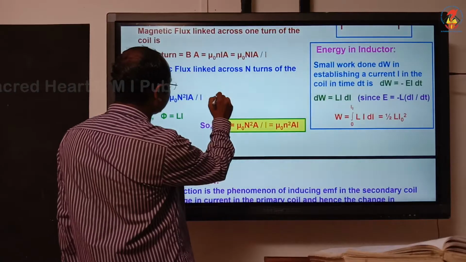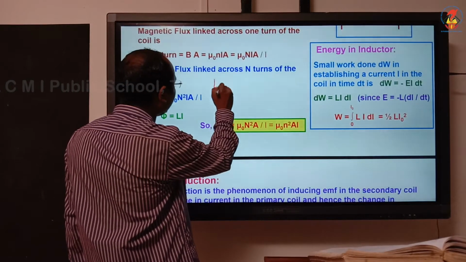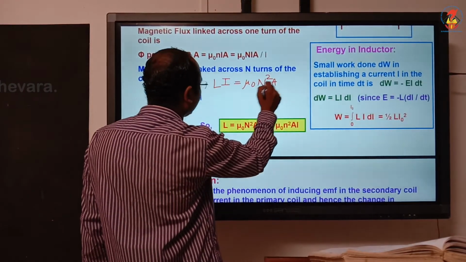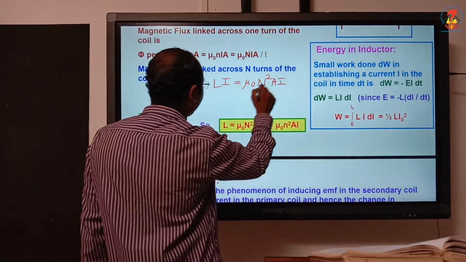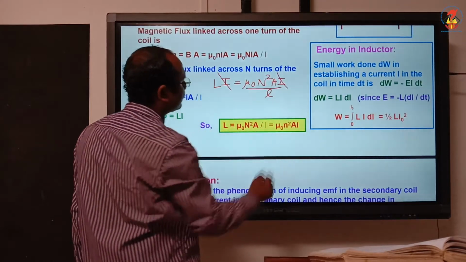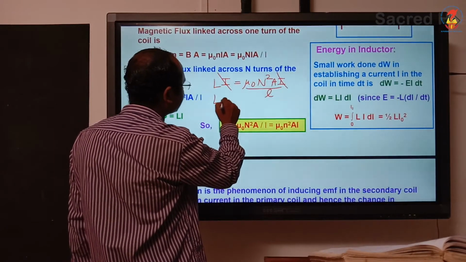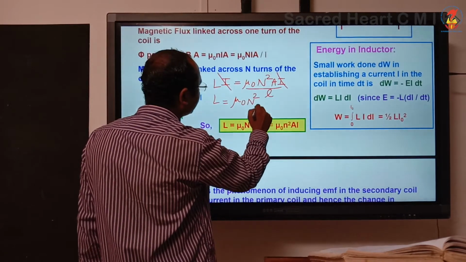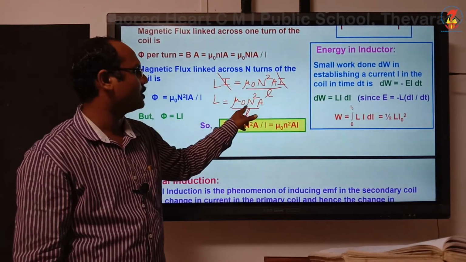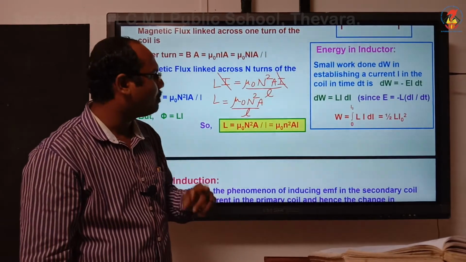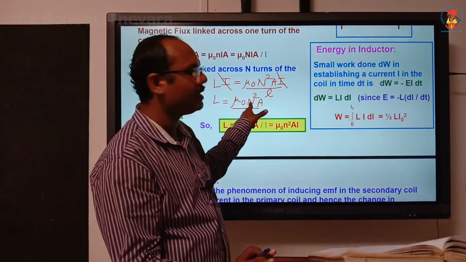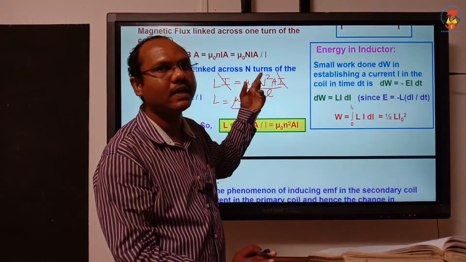So here what I did is, L i is equal to mu 0 N square A I by L, and I gets cancelled and you will get L as mu 0 N square A by L. From this expression, you already know capital N is equal to small n into L. So instead of capital N square, I put small n square into L square.